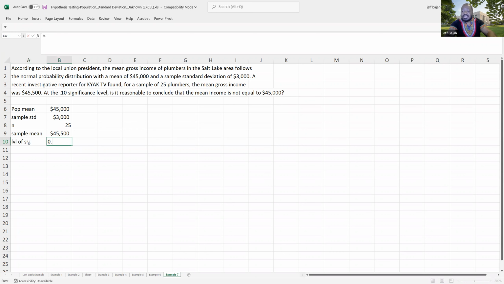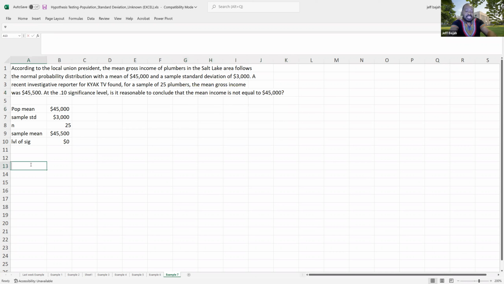It now says at the 10% significance level. The question is: is it reasonable to conclude that the mean income is not equal to 45,000? See, when it says not equal to, you just know that that's a two-tailed test. It doesn't say greater than or less than, right? So we know that's a two-tailed test.